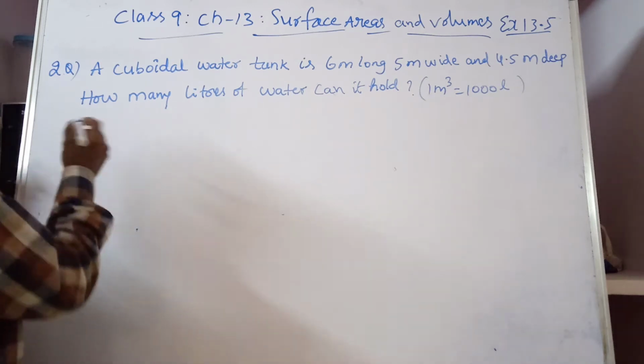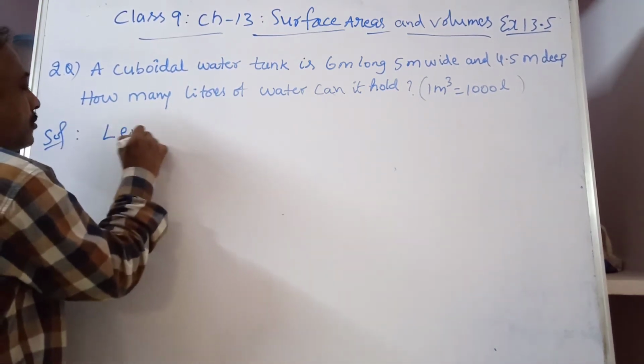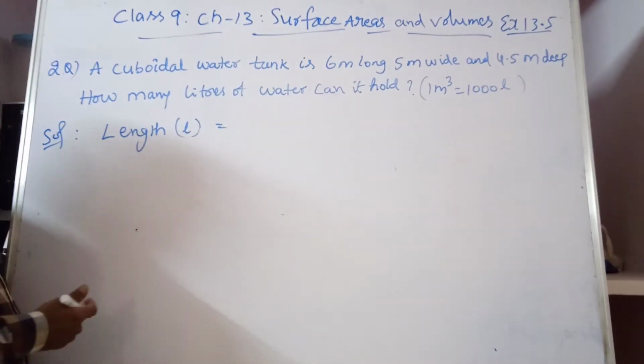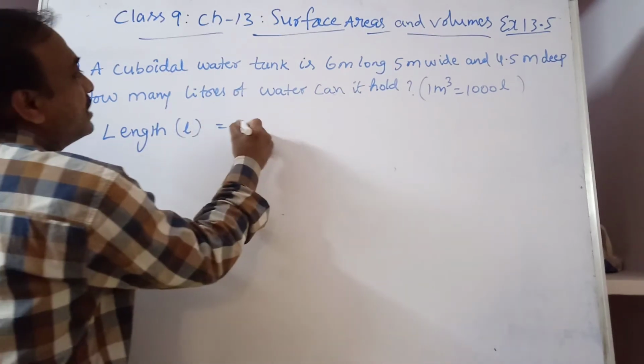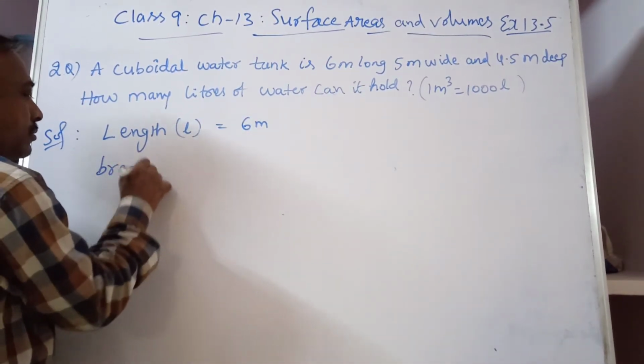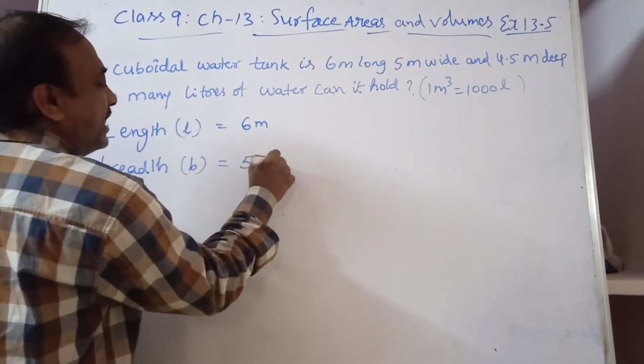So first, solution. Length L is equal to 6 meters. We are talking about the cuboidal tank. Breadth B is equal to 5 meters.